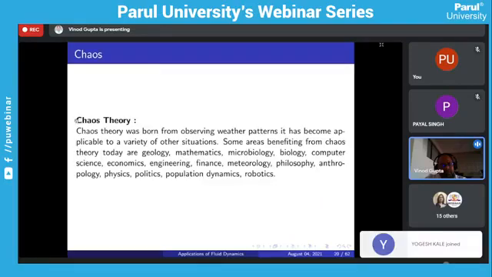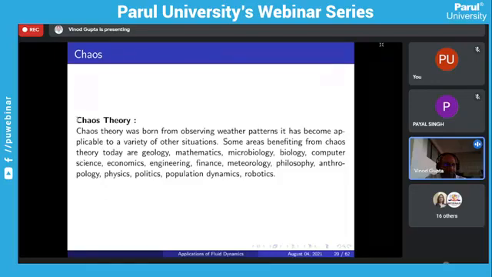And next, that is the chaos theory. Chaos theory is also a branch to determine the stability of the system. The chaos theory is about observing weather. First of all, chaos theory in fluid dynamics was used by Lorenz, a meteorologist, in 1963.